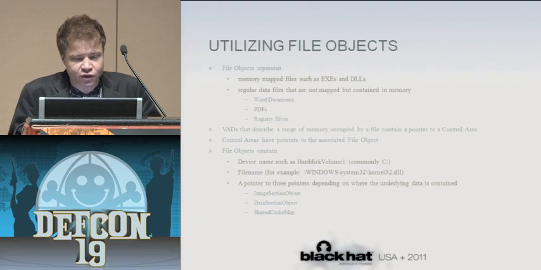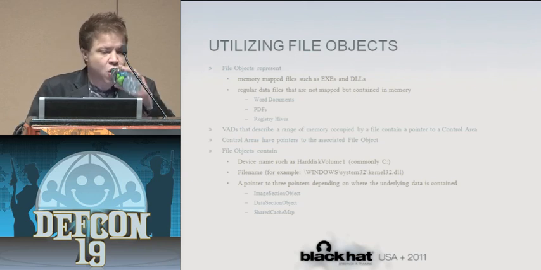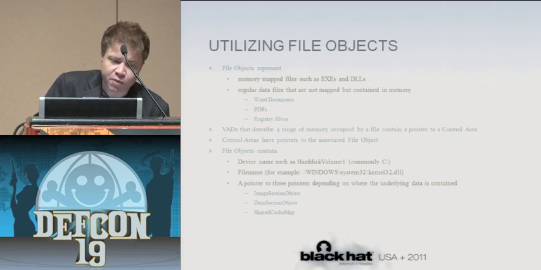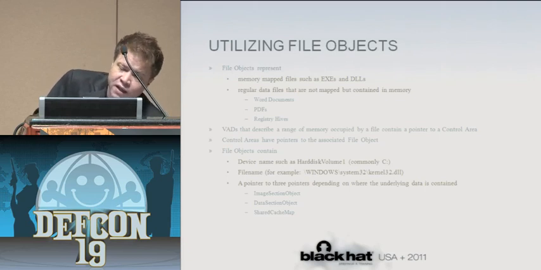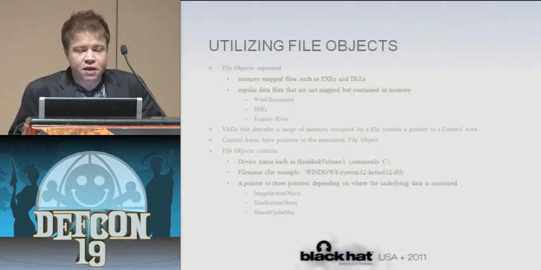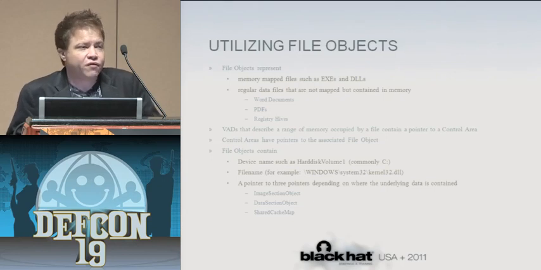So the VADs are still interesting to us, but we're going to utilize a little bit more data that they make available. VADs describe a range of memory that the file occupies. And if it's a memory mapped file, or a file object that represents that region of memory, then the VAD will have what's called a control area.